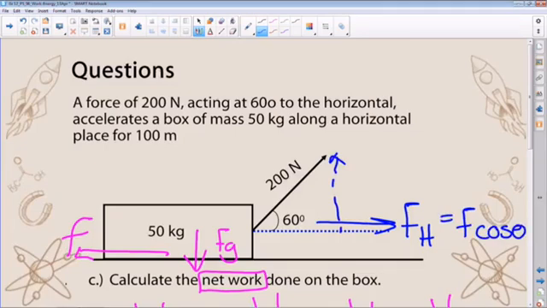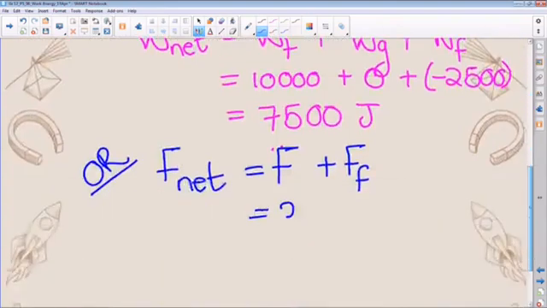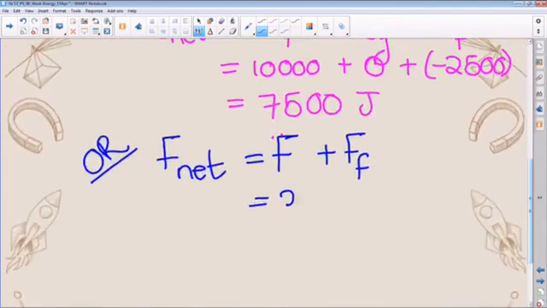Can you see why I could go F delta X cos theta is my work done? Because F cos theta is the force that's applied at a 0 degree angle. So I'm hoping some of you caught that. So let's just put this in here. I don't want some of you to lose what I'm trying to tell you. So this is actually F, and here I'm going to put the horizontal force just so you remember.